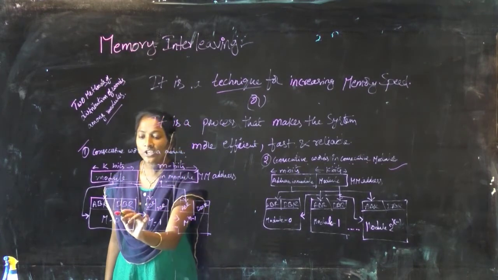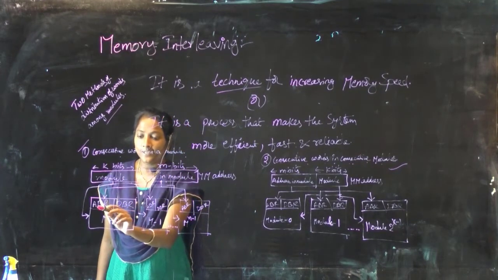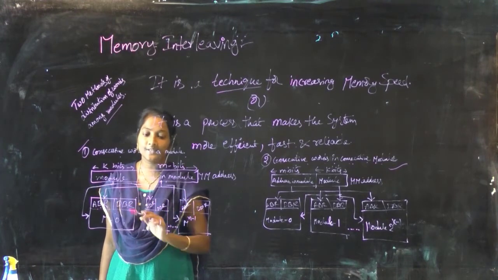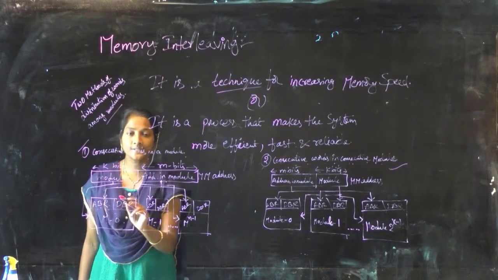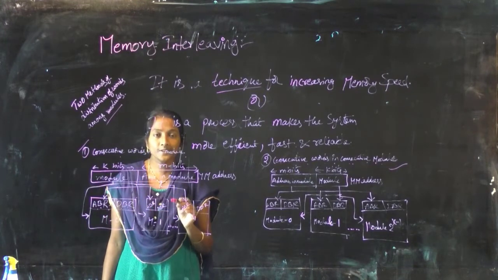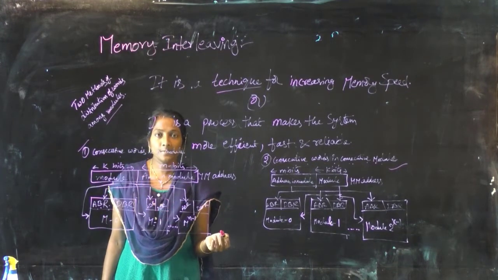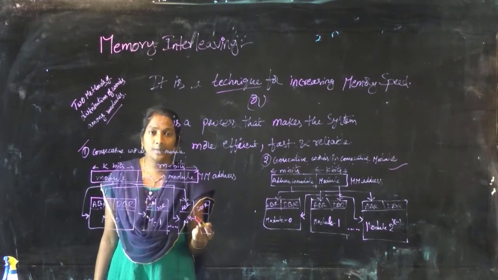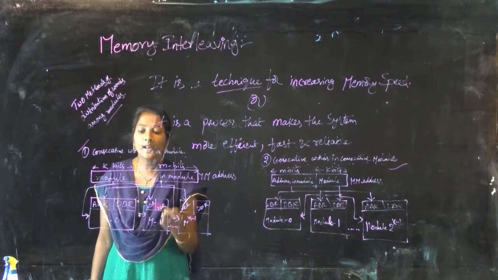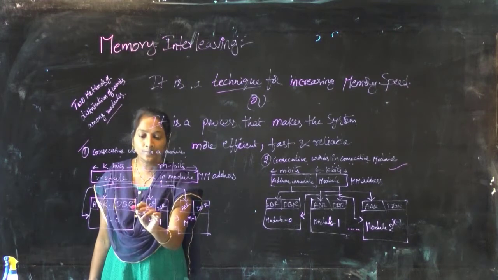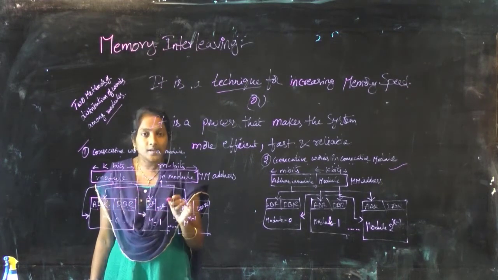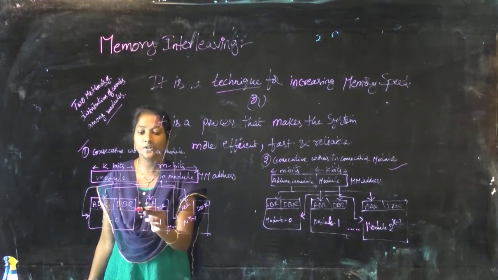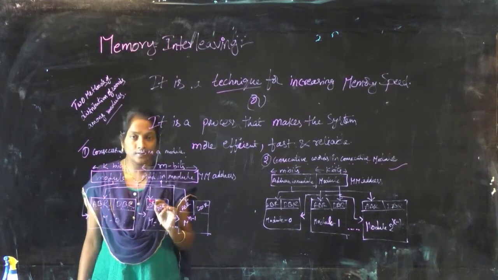Each module consists of an address buffer register and a data buffer register. The address buffer register is used to transfer the address to the main memory where the data is to be transferred, with the help of the address bus. Whatever data resides in main memory at that address will be transferred to the data buffer register.